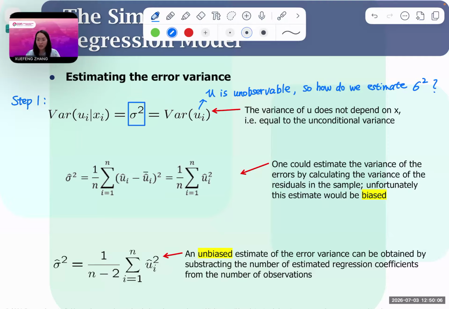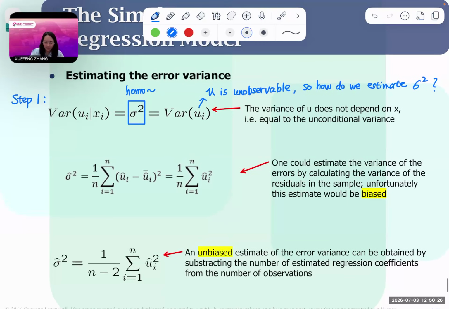Okay, it's constant because of homoscedasticity. So we can't see mu directly, but we can see the residuals, mu i hat.